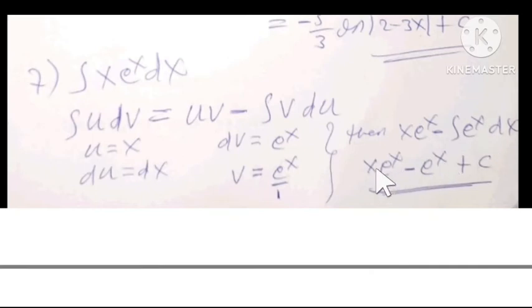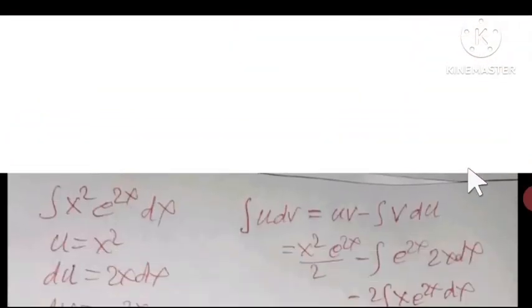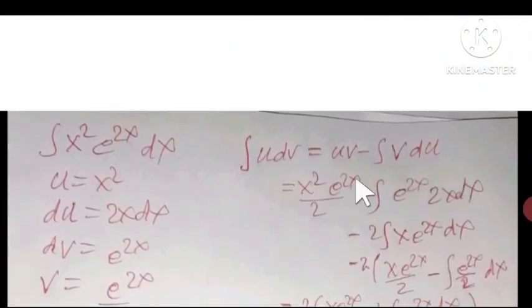And then x e to the power of x minus e to the power of x plus c. Du is substituted by dx here because du is equal to dx. Therefore, the final solution is x e to the power of x minus e to the power of x plus c.